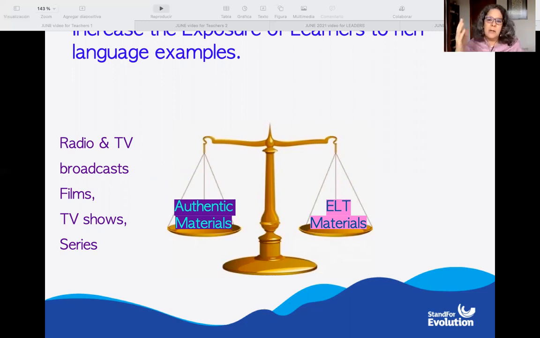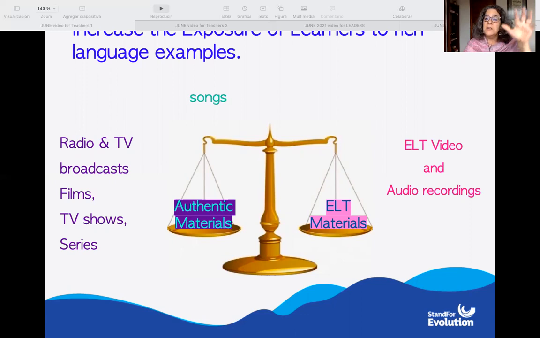But anyway, they're good sources of information, and you have native speakers talking. On the other hand, the ELT materials, you have ELT videos and ELT audio recordings that are very well planned and very well produced for you to help your learner understand certain features before they go to the authentic materials.